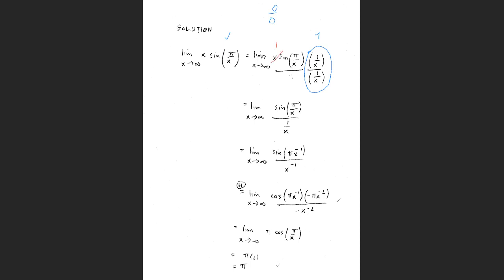So the x's here simplify, and now our limit is as you see here. As x goes to infinity, what does 1 over x go to? What number does 1 over x approach as x gets large?